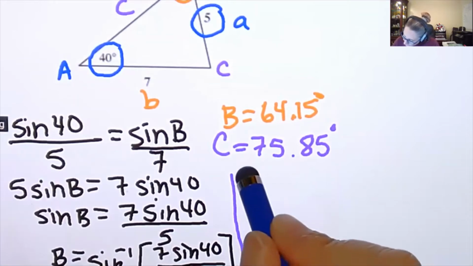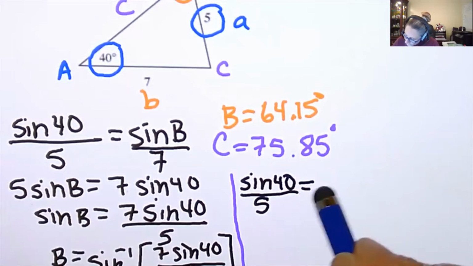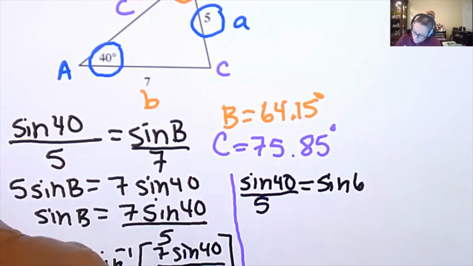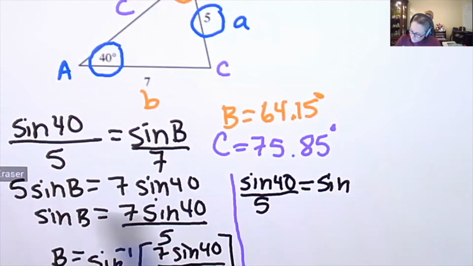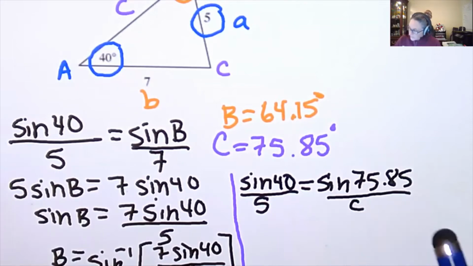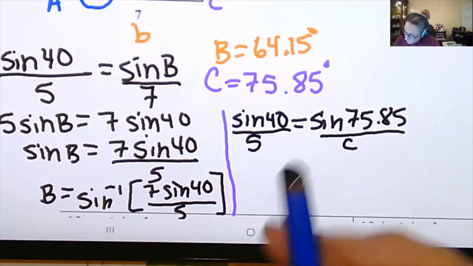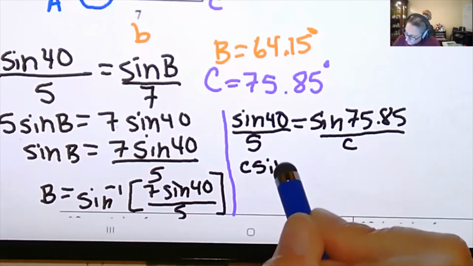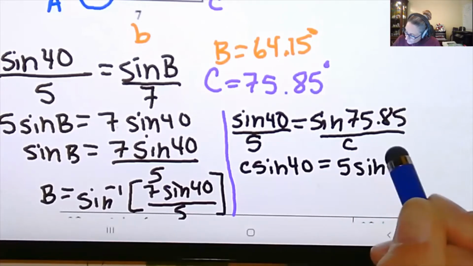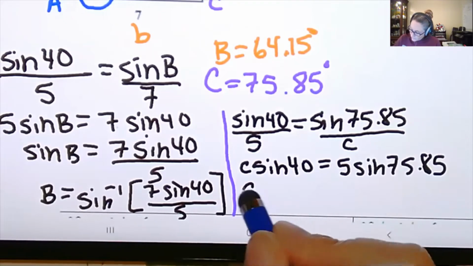Okay, and so I'm going to go sine of 40 over 5 equals sine of 75.85 over little c, cross multiply and solve, okay? So I'm going to get c sine of 40 is equal to 5 sine of 75.85. I'm going to divide both sides by sine 40.